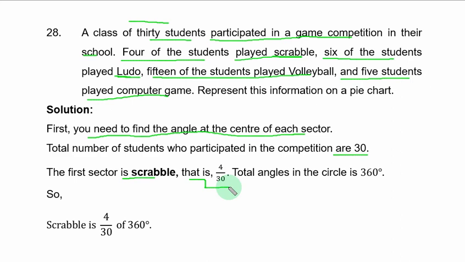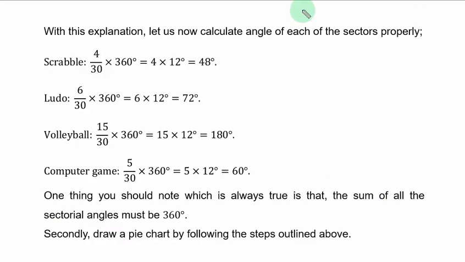To convert this to degree, you multiply it by 360 degrees, the total angles in the circle. You do the same thing for the rest of the sectors. With this explanation, let us now calculate the angle of each of the sectors properly.